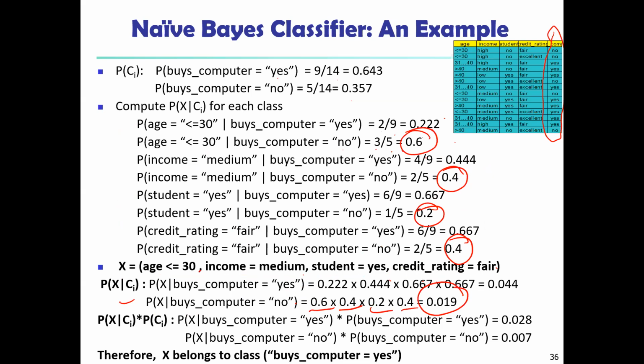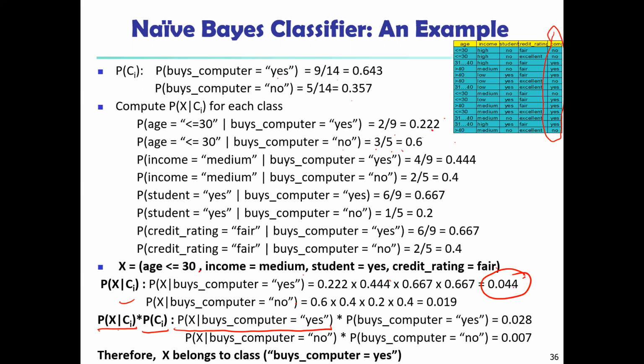Now we have the P of X given Ci values, and we need to multiply with P of Ci, the probability of the class labels. First, we got P of X given buys computer yes, that is 0.044, right?